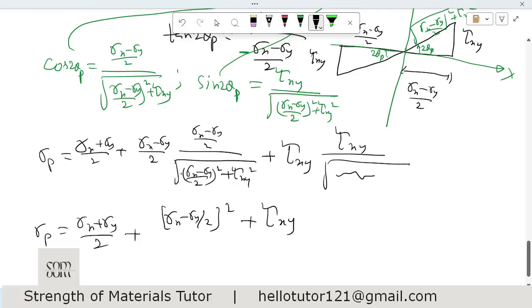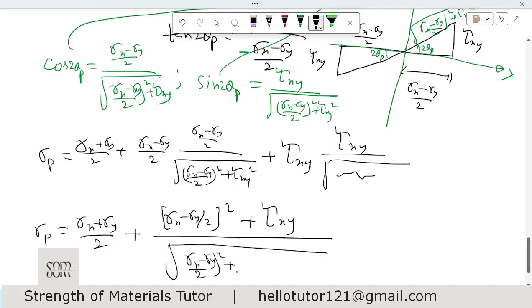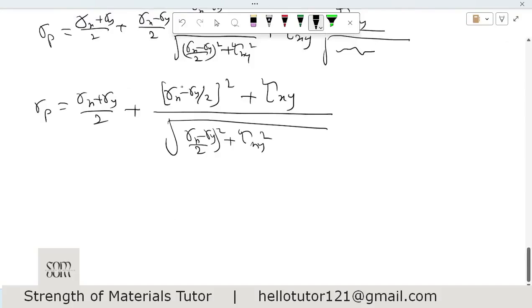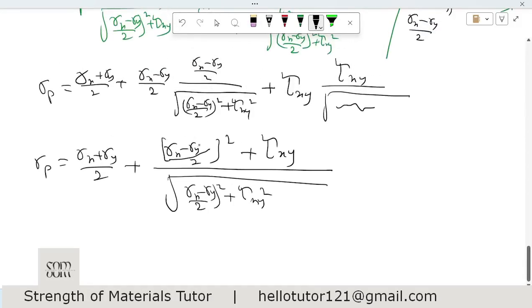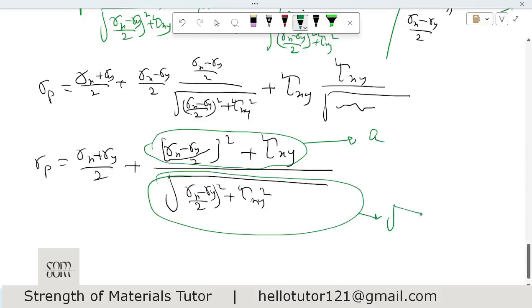Then this square root thing is common, so I will put the square root common: the square root of ((sigma x minus sigma y)/2) square plus tau xy square. Remember it is whole divided by 2. If we call all of this term a, then the denominator is the square root of a.